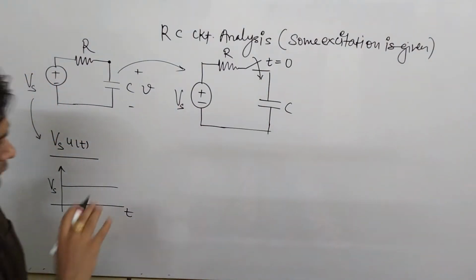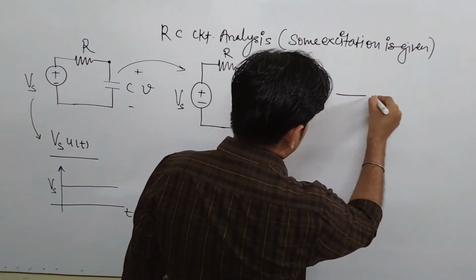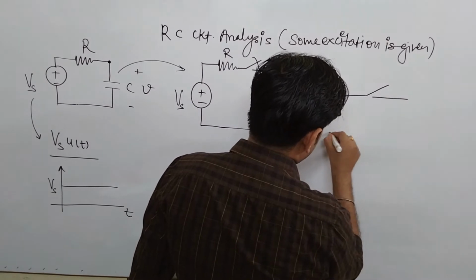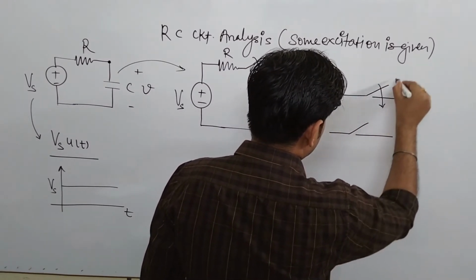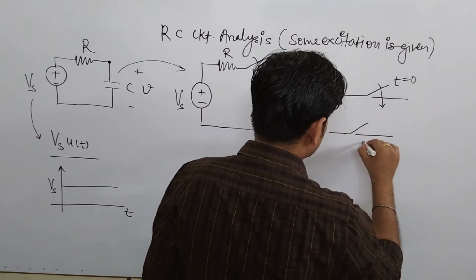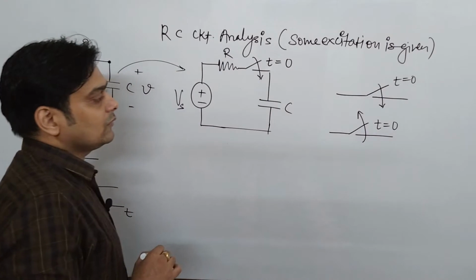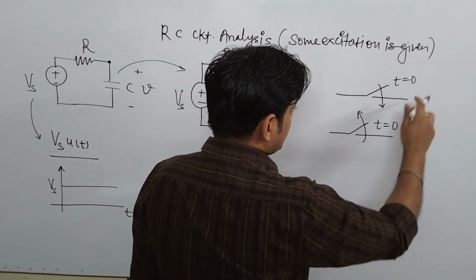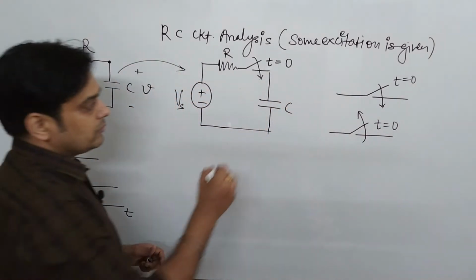Now before going for this RC analysis, one thing you should try to understand: you will find different types of switch conditions in analysis. This may be the condition, this may be the condition. This condition represents that at t equal to 0 the switch is going to be closed.